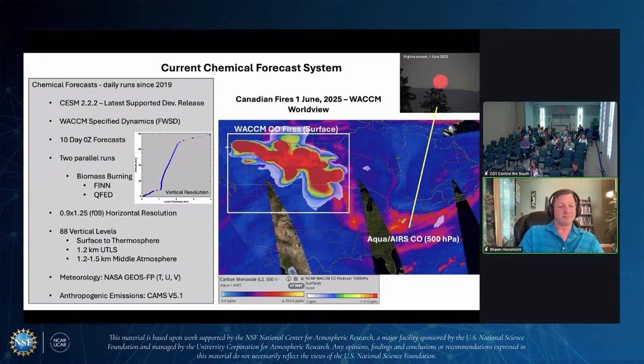Our levels cover the surface to the thermosphere, and we get about 1.2 kilometers resolution in the UTLS region, 1.2 to 1.5 in the middle atmosphere, and below that it averages out to right around half a kilometer or so. This is driven with the NASA GEOS-FP product, and we are nudging it with T, U and V winds, and the current anthropogenic emissions package that we use is CAMS version 5.1.